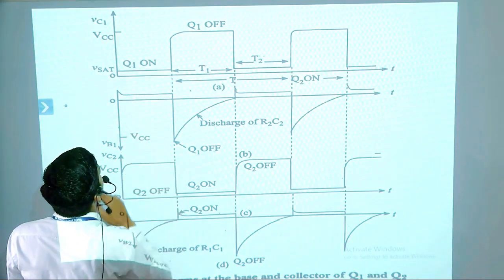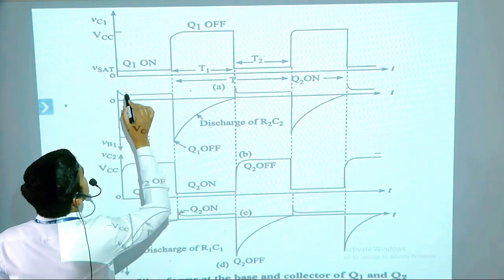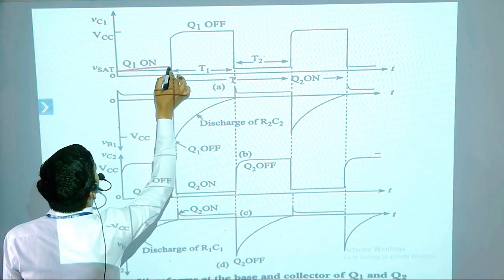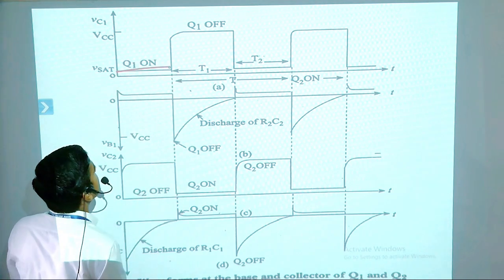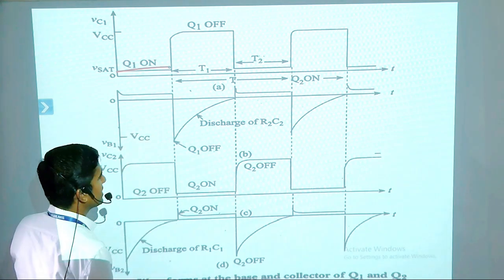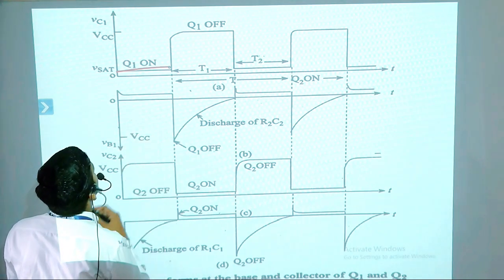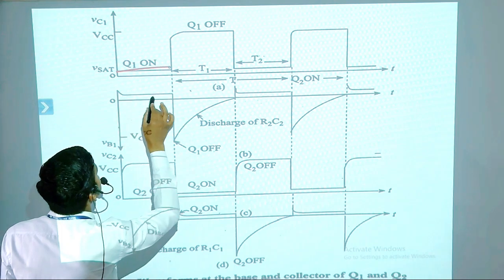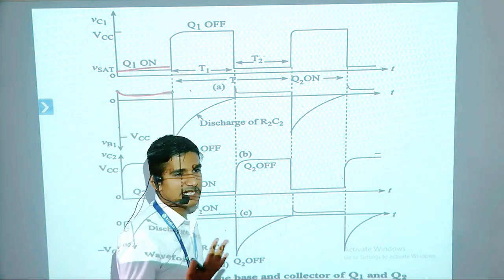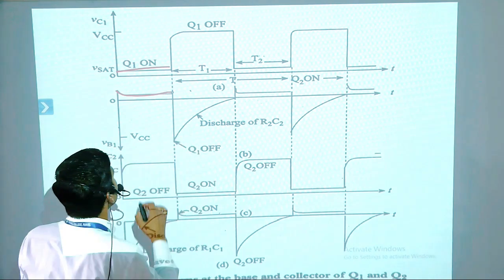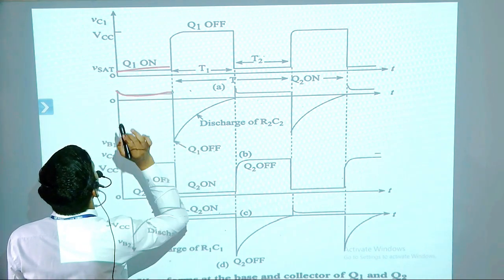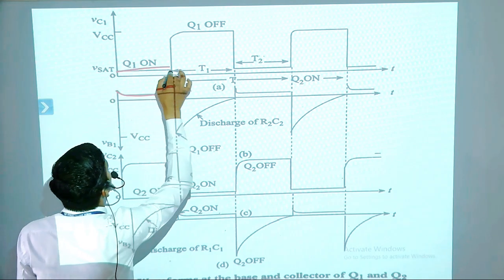First Q1 is on. When Q1 is on, the collector signal of Q1 is low. Then this is the second waveform, for the base of transistor Q1. When the base signal is high, meaning greater than 0.7 volt, then transistor Q1 is on. When transistor Q1 is on, the collector signal is low.